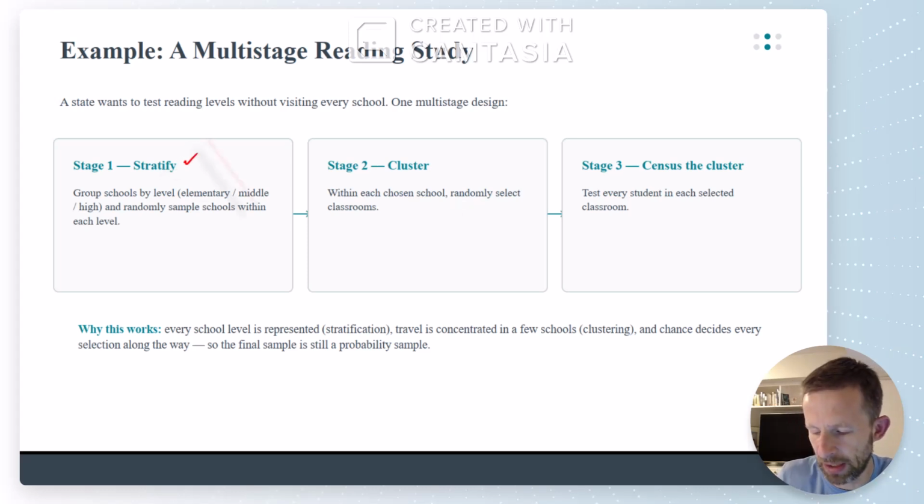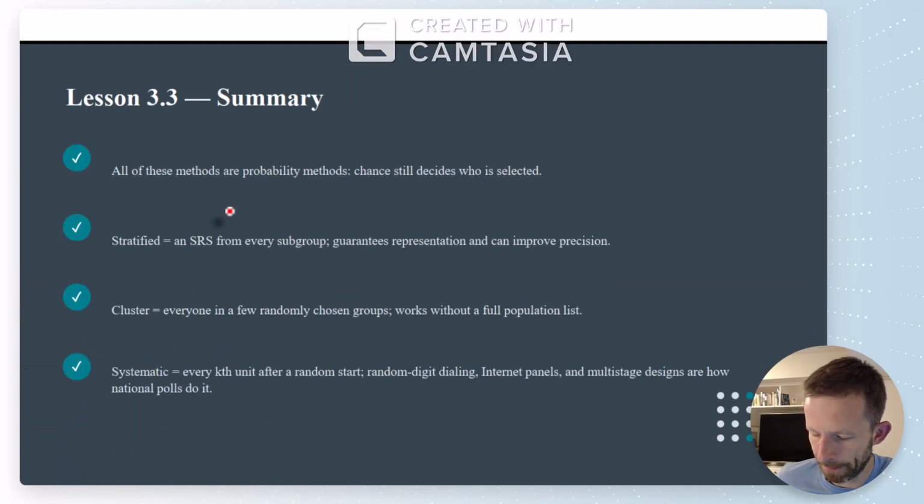So stratifying based on school type, and then choosing clusters of classrooms within the school. So for stratified samples, strata are different from one another. Clusters ostensibly are similar to one another, and you talk to every single person within a cluster, and for systematic, you choose every nth person.